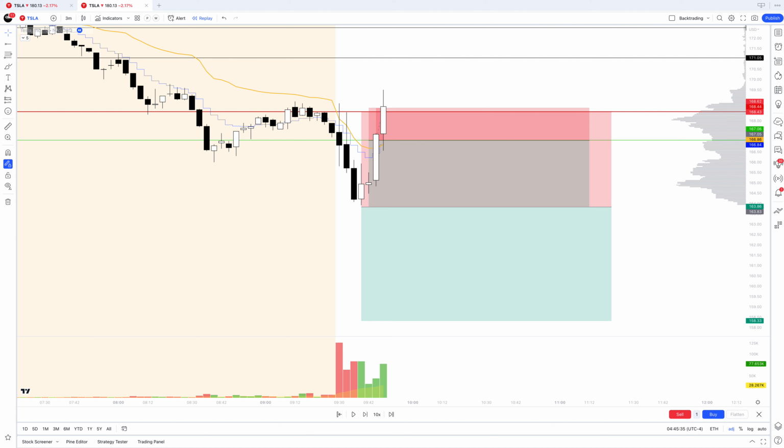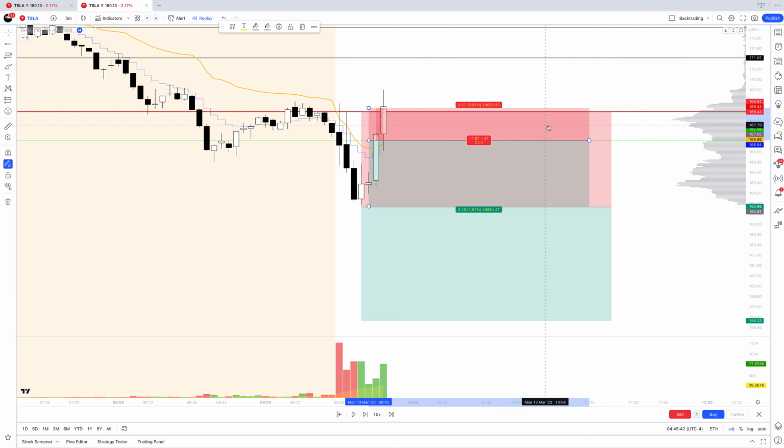But I was stopped out for a full R at 168.62. I was risking 0.15% of my account, and I got stopped out for a full R, which is a big loss. How much am I losing there then? I would have lost roughly $74.55.